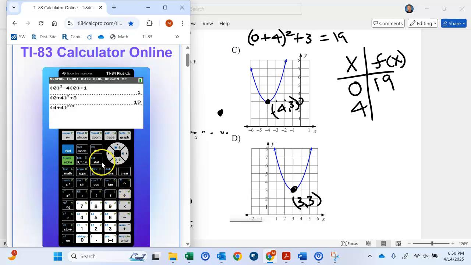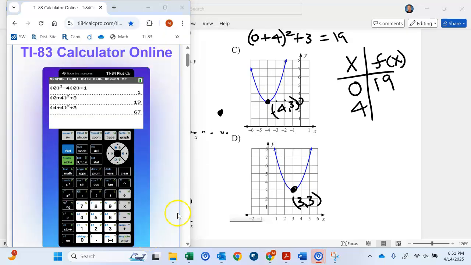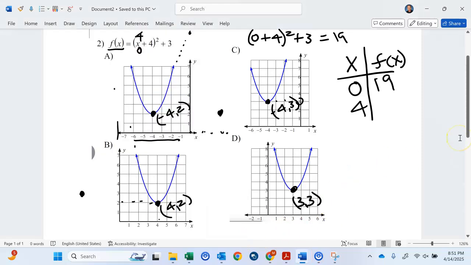Oops, nope, I got to go back. Clear. Squared. And then I need to come back down. Make sure you come back down. This needs plus 3. Enter. 67. Okay, so that's what I get over here. When it's 4, it should be 67.